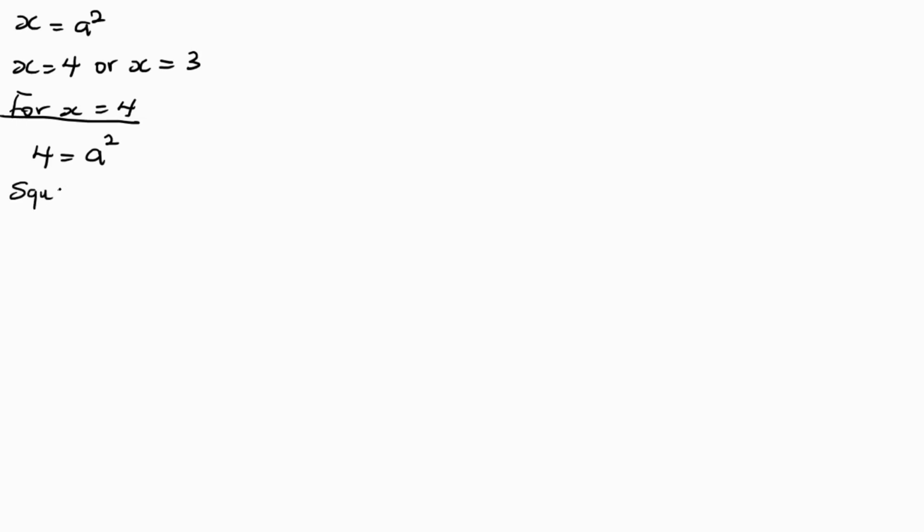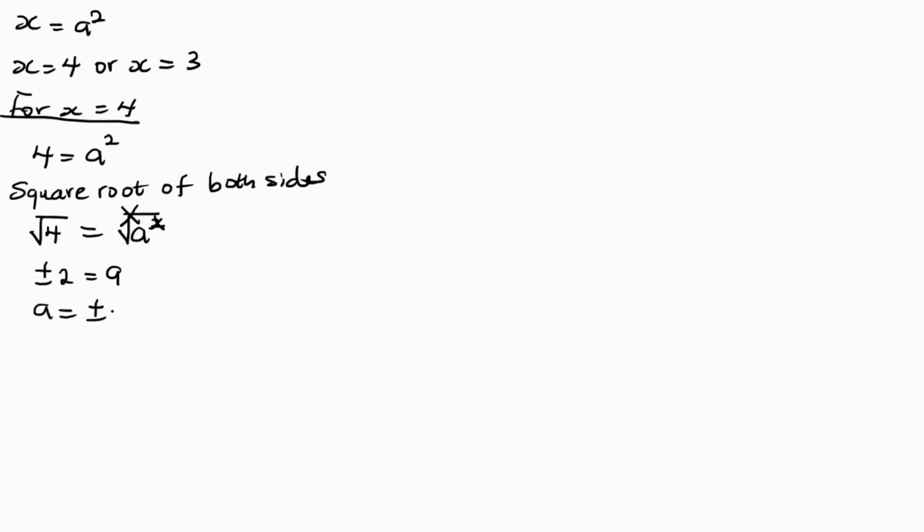The next thing we want to do is to take the square roots of both sides. So taking the square root of both sides, we have the square root of 4 is equal to the square root of a squared. So this cancels out this, and we have plus or minus 2 is equal to a. So we have a to be equal to plus or minus 2. That is for x equals 4.